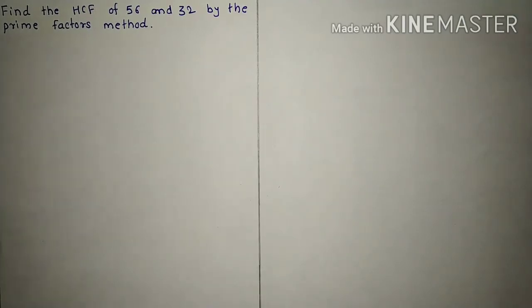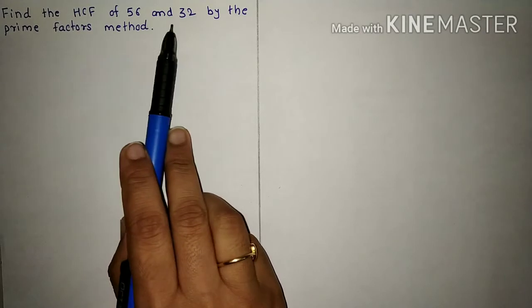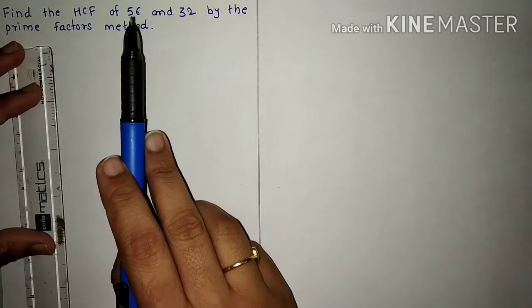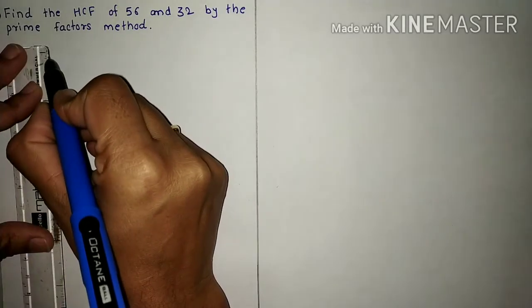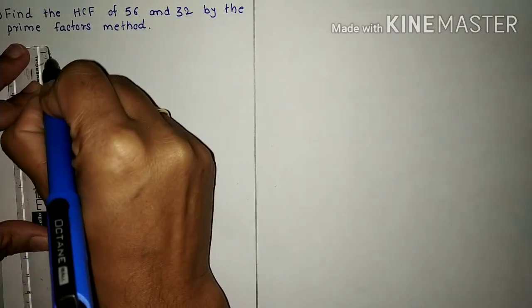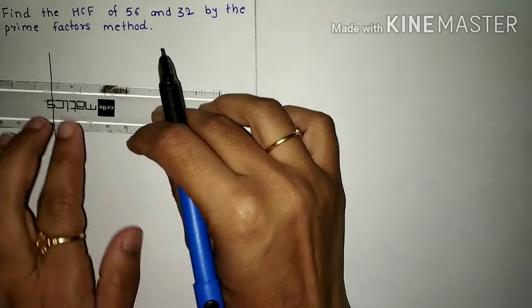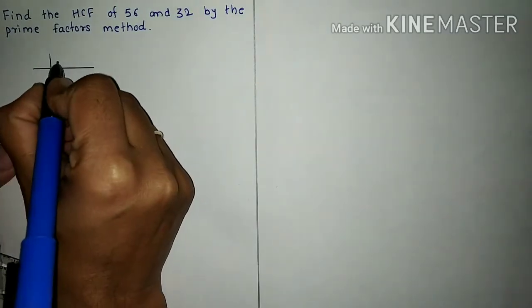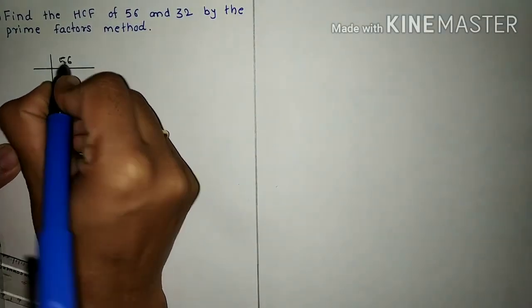We have to find prime factors of these numbers by using vertical arrangement. So write in this way. First we have to find prime factors of 56. So here we write 56.